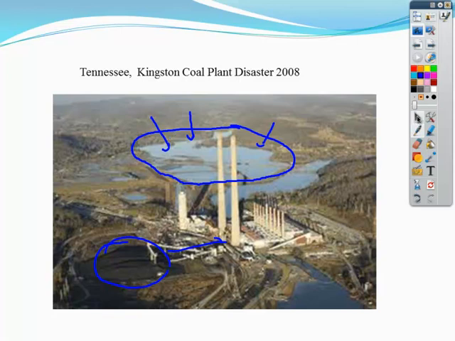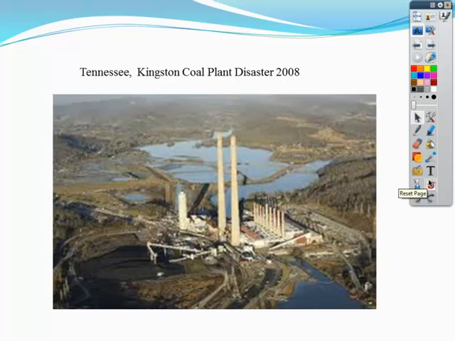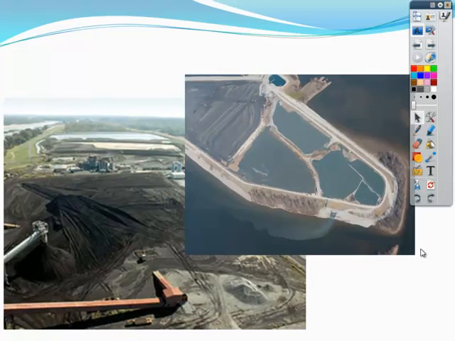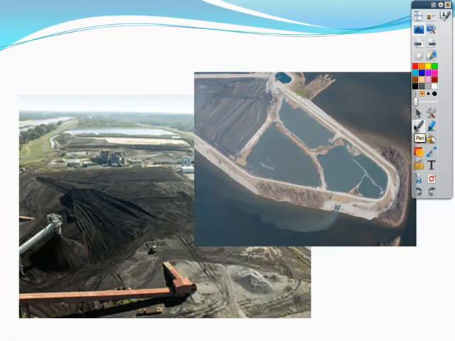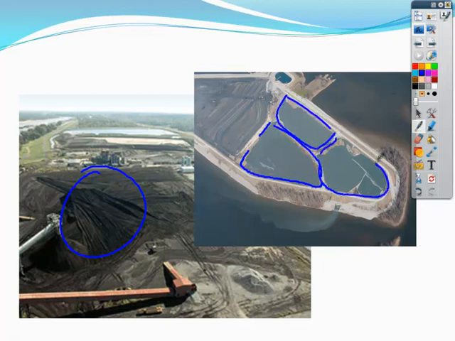Well, unfortunately, for this particular coal burning power plant and the people around there. Oh, by the way, here's just another set of pictures. Again, right here, you see the ash being transferred. Each one of these over here in this picture are ponds of ash mixed with rainwater as it rains.